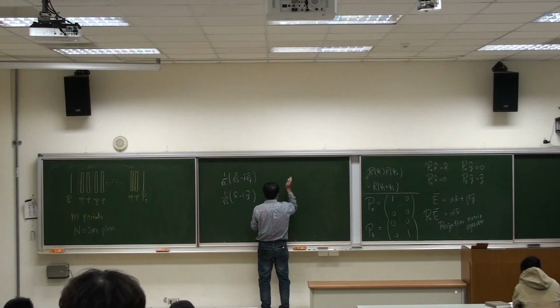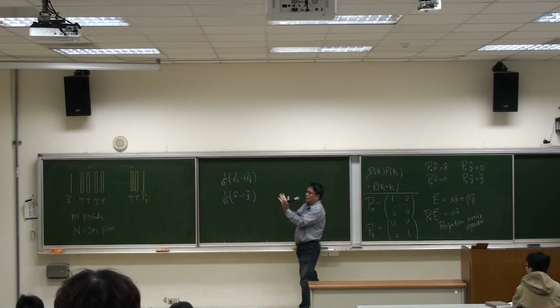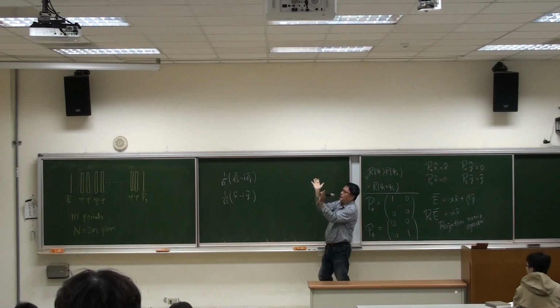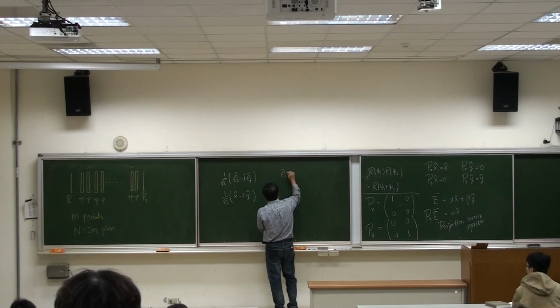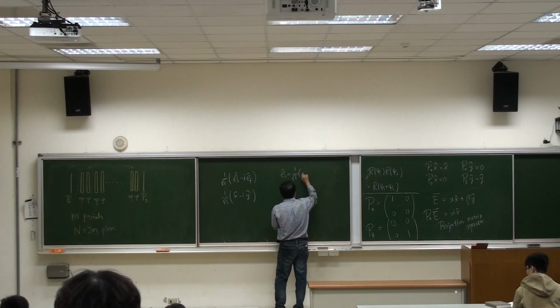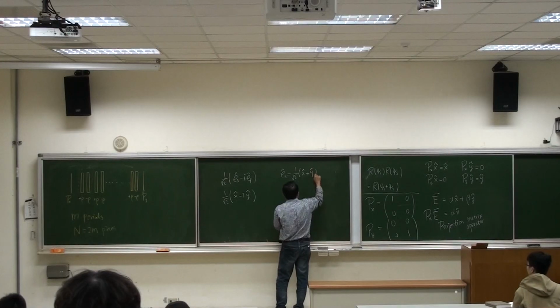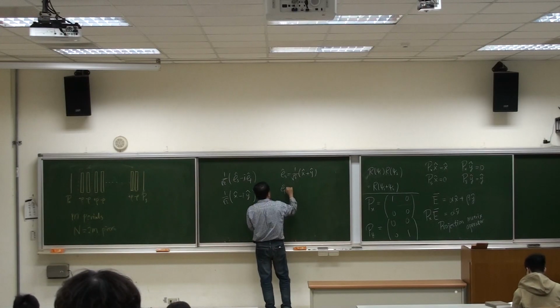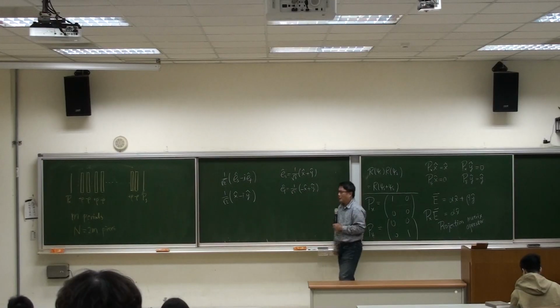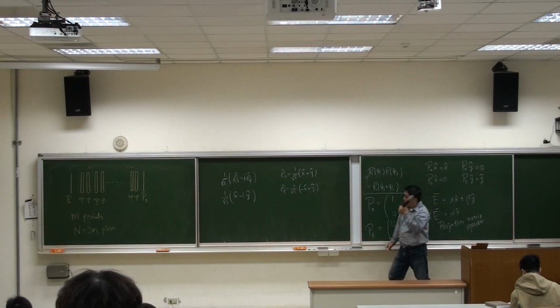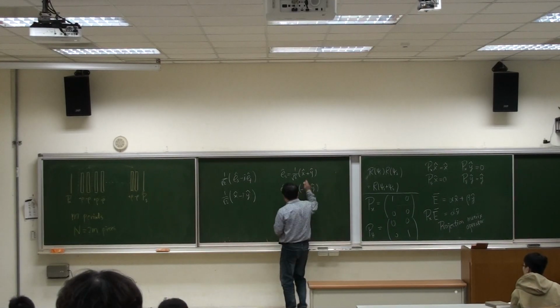We see that since we choose ES and EF to be along the positive and negative 45 degrees, we can write ES as this. And we can write EF as this.